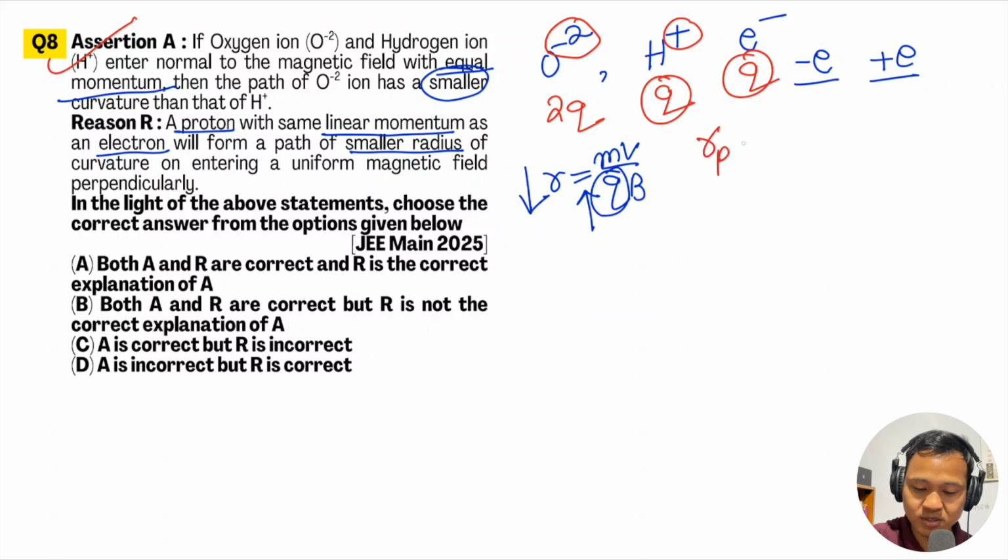So radius of proton should be equal to radius of electron. Momentum is the same and charge is the same, so the radius will be the same. So here it says smaller, so this is wrong. It would be same, okay? So assertion is correct, but R is wrong.